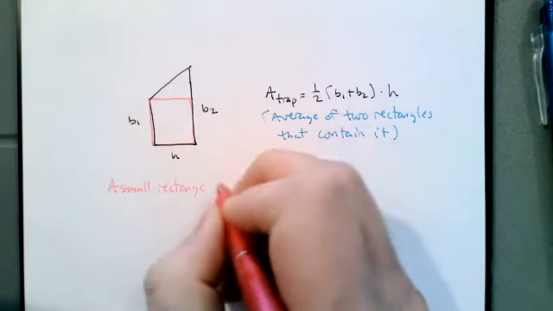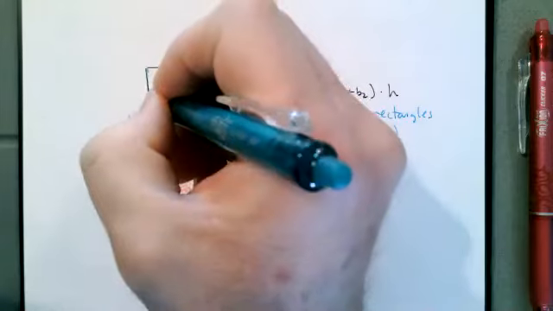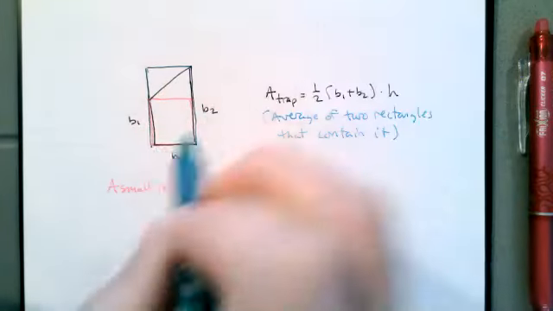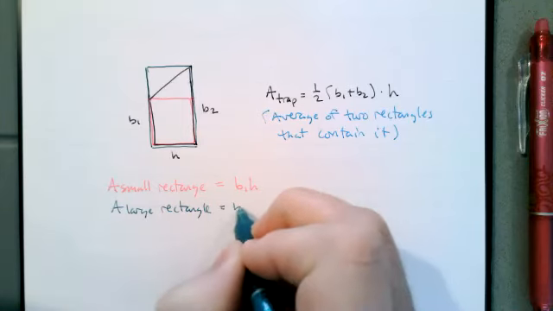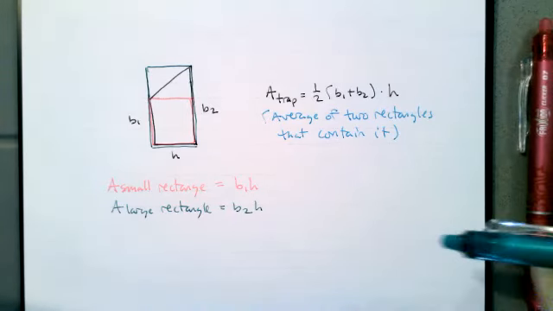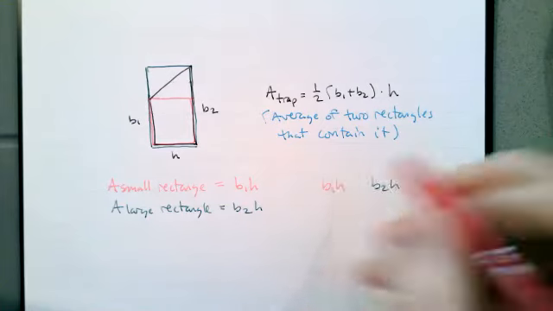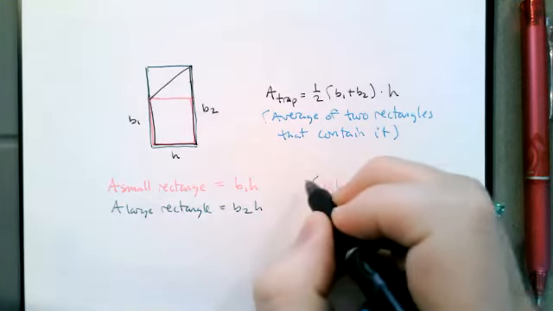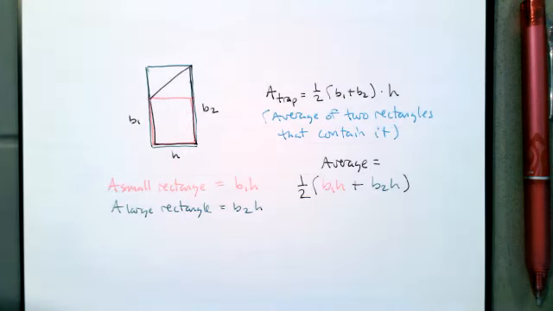The small rectangle is B1 times H, and the large rectangle will be B2 times H. And if we take the average of those two things, we can factor out the H. So if we do B1 times H plus B2 times H and divide by 2, that's where we get the area for a trapezoid.